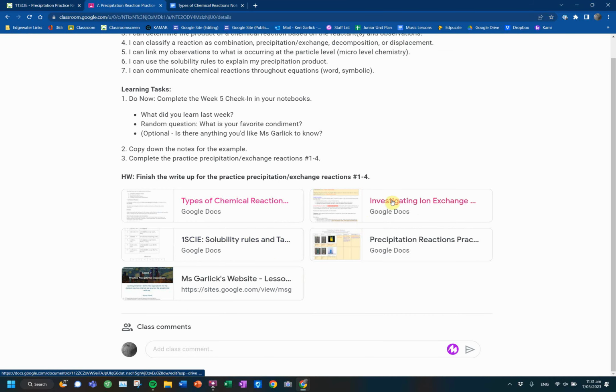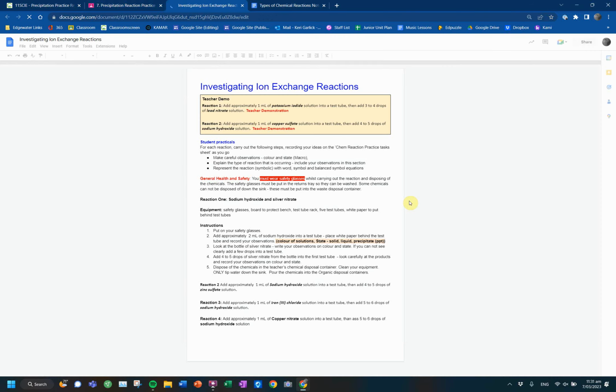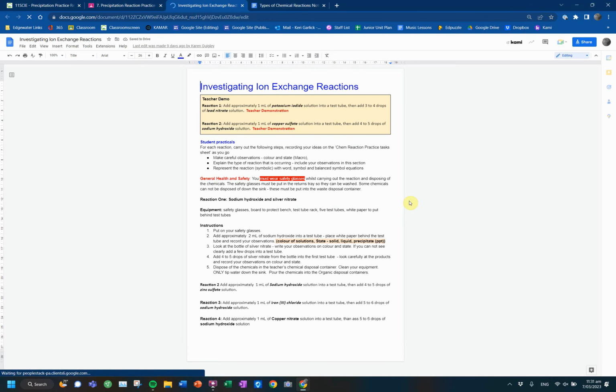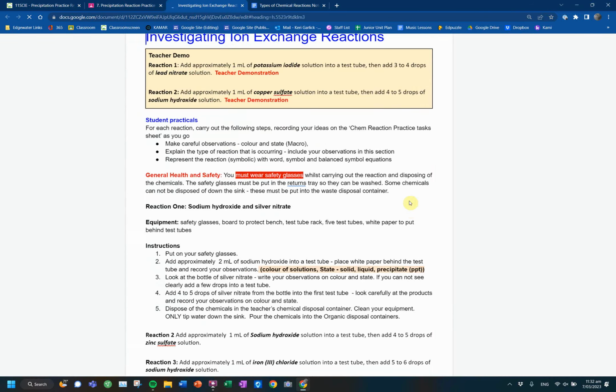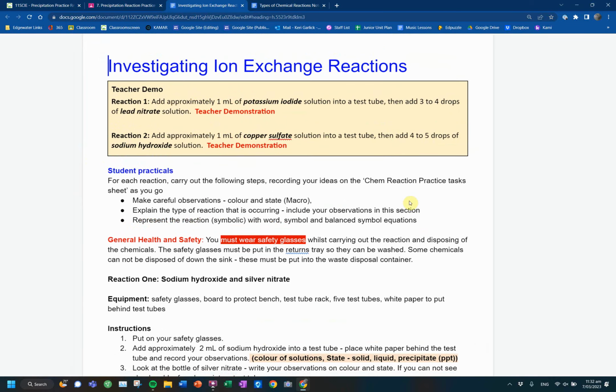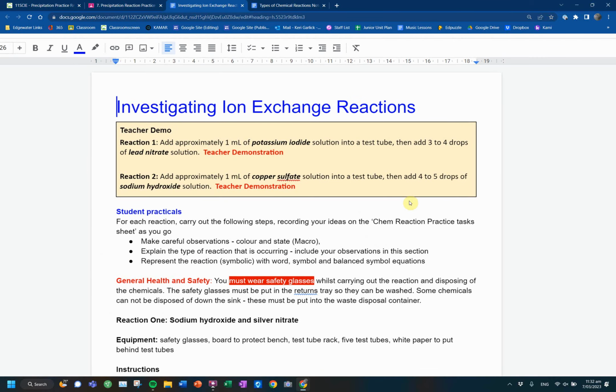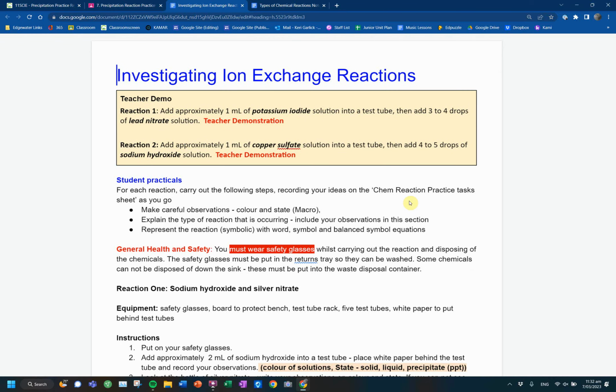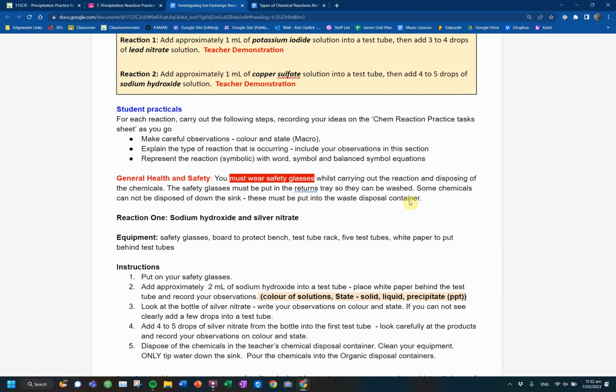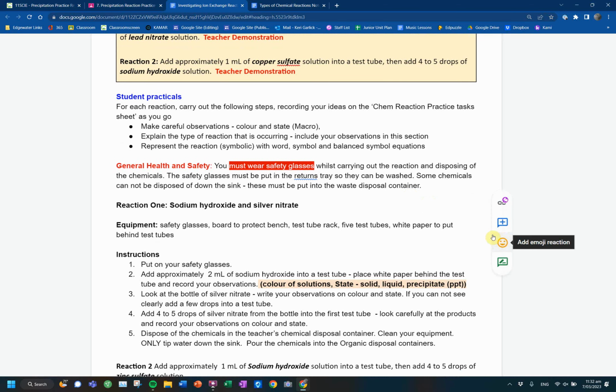The second thing that we have are the safety document and the instructions for these precipitation reactions, also known as ion exchange reactions, because both of the solutions are ionic solutions. And it just walks you through each step and the general health and safety.